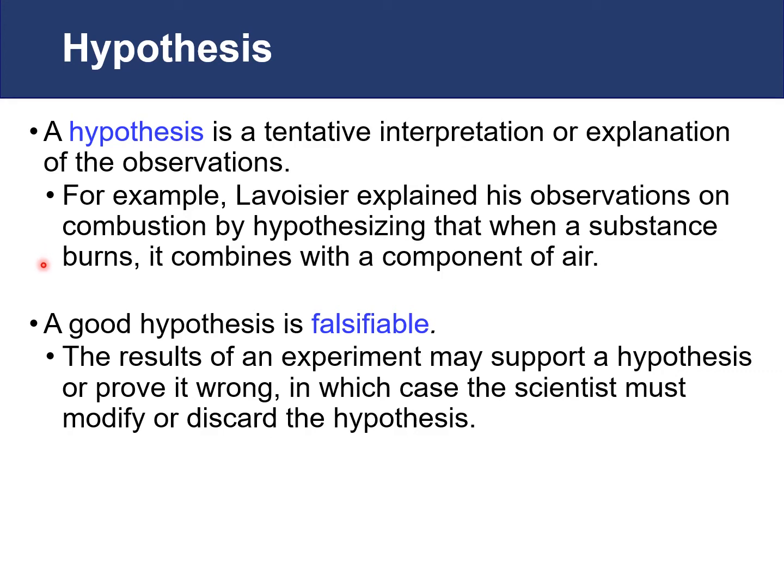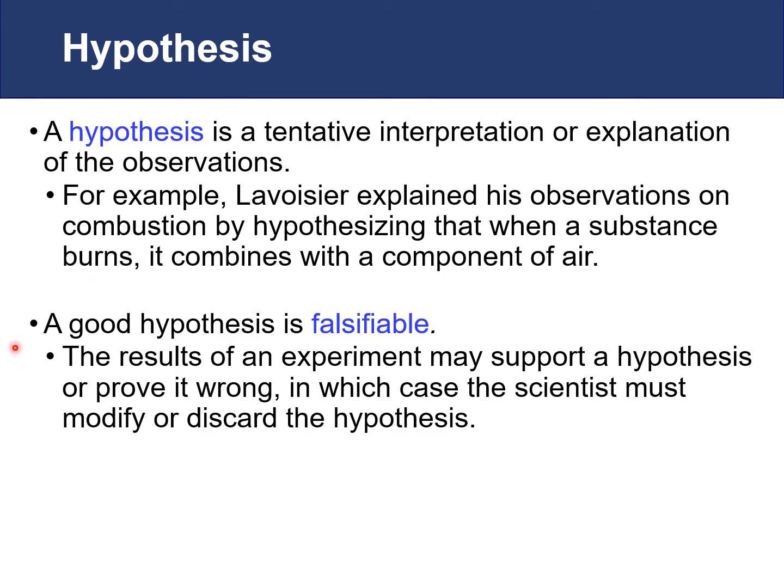So if we look at Lavoisier's idea that combustion involves the combination of a component of air with the substance that is burning, we can falsify that via trying a variety of different gases, those that are not air, seeing whether they burn, and then looking at individual components of air, combining that with the thing that we're trying to burn, and see how things burn or not burn.